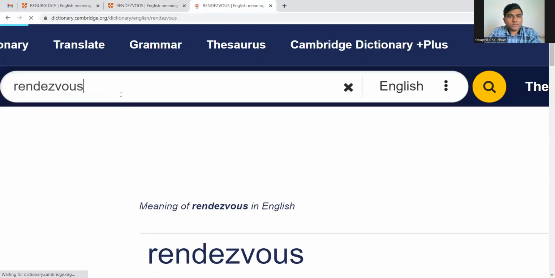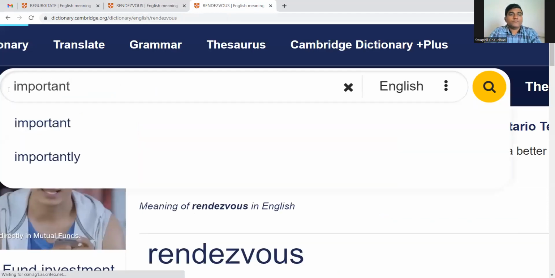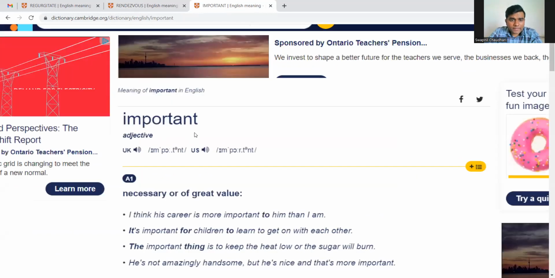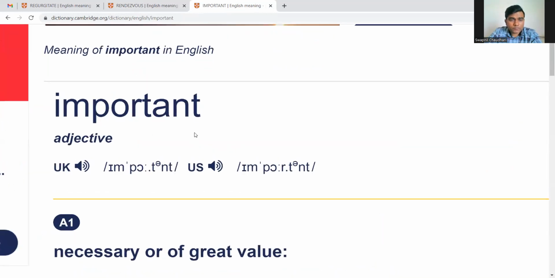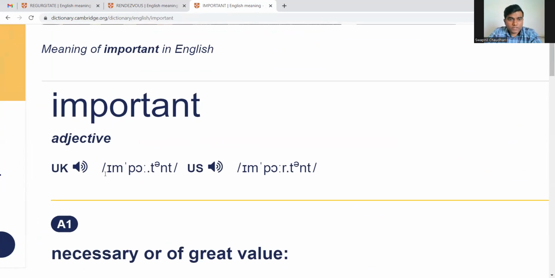This is going to be a word that you know very well. Look at that now. Important, right? Try to read the IPA script. We have the short I and M, im, then the p sign, and then the or sign.